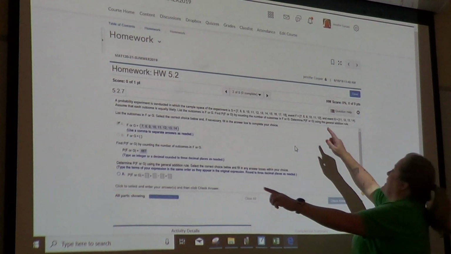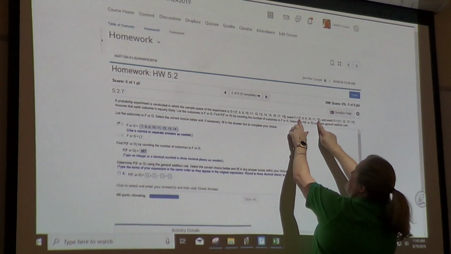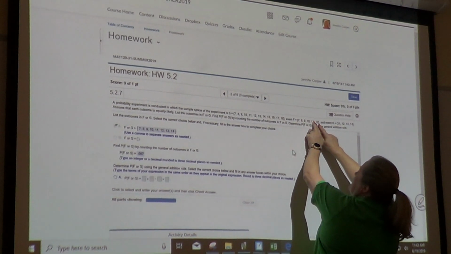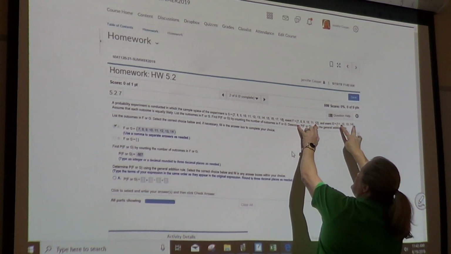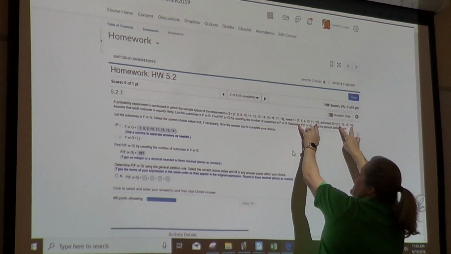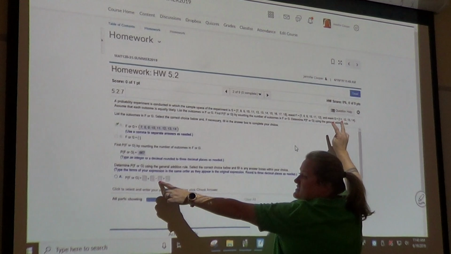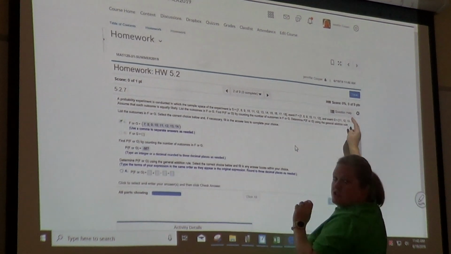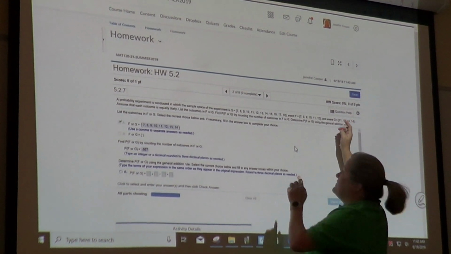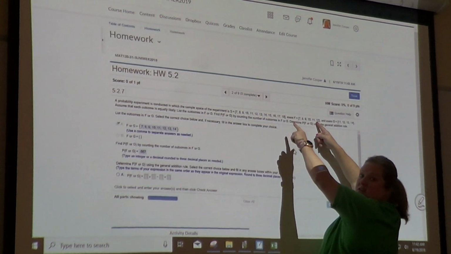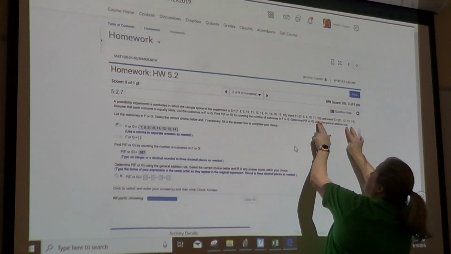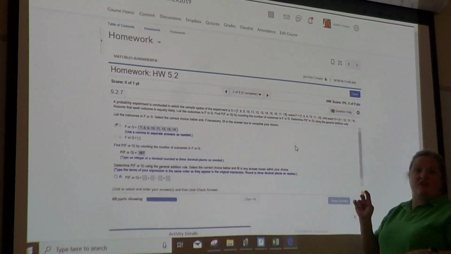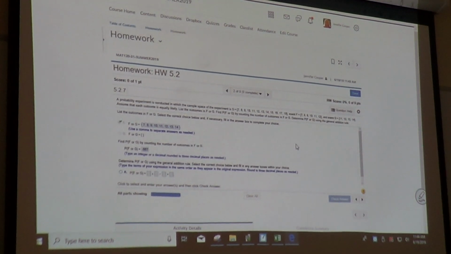So if we're doing F and G, what was the size of this one? 2, 4, 6. 6 plus 4. And is there any overlap? 2. The size of this one was 6. The size of this one was 4. And because there's overlap, we had to take the overlap out.